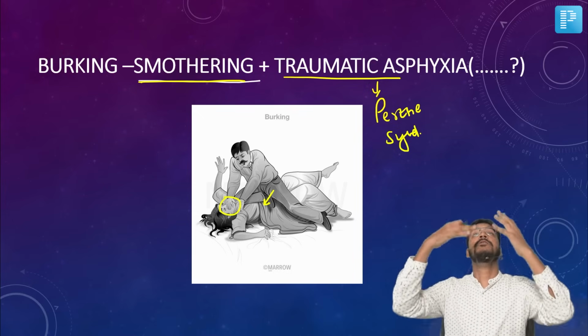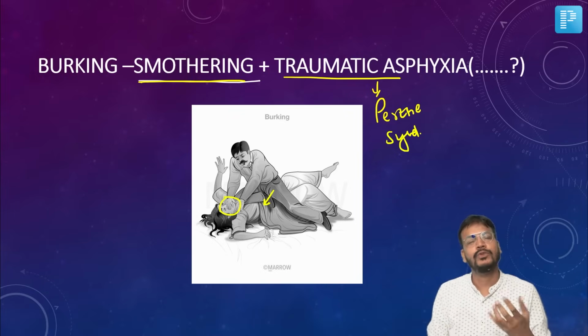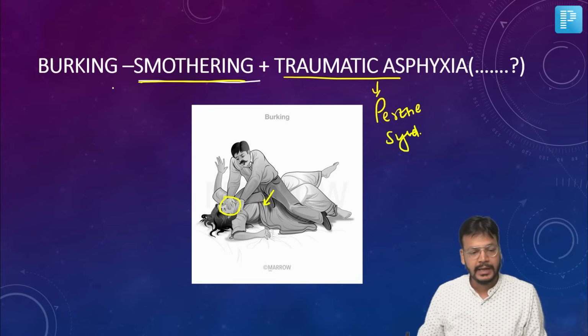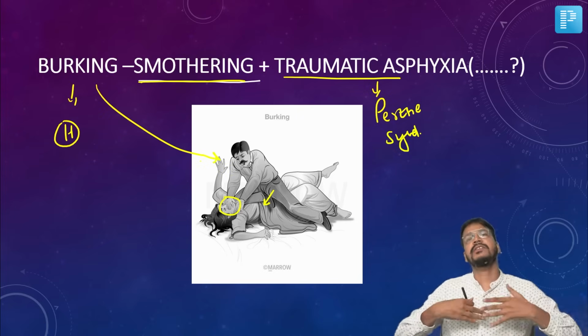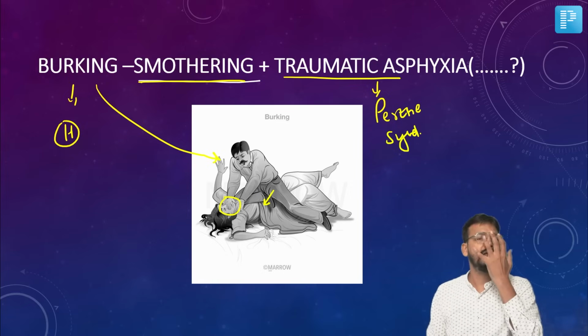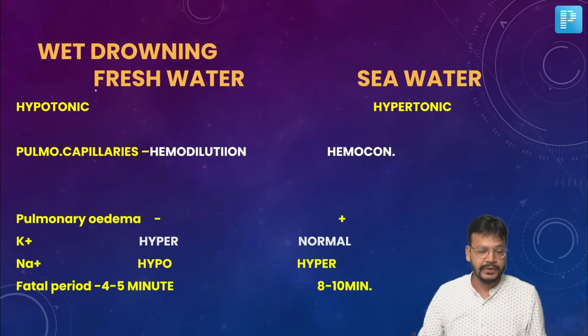If patthar aur prithvi fall over us, we get traumatic asphyxia. It is traumatic asphyxia or Perthes syndrome. And burking, I already told you, is a homicidal method: you are causing chest compression, traumatic asphyxia, with homicidal smothering. This combination is burking.